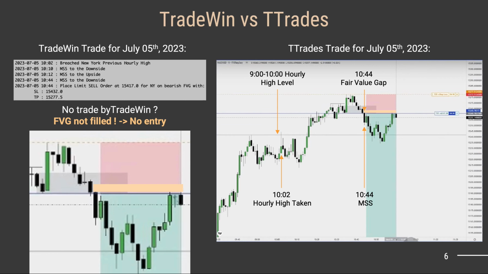You can see the fair value gap. However, the trade wasn't triggered because we never entered this specific fair value gap. Here we just stop below the fair value gap. That's why TradeWin would not have taken any trade here.